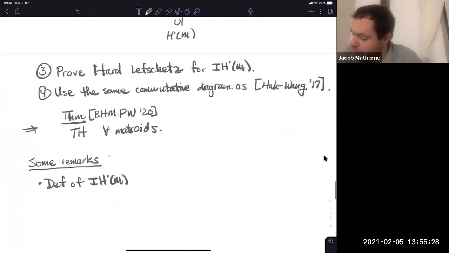So 2 is not what we use to prove things.